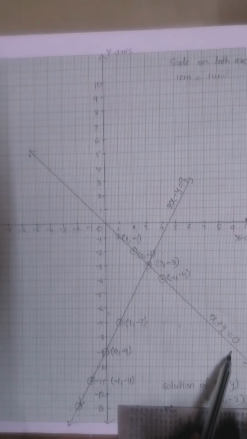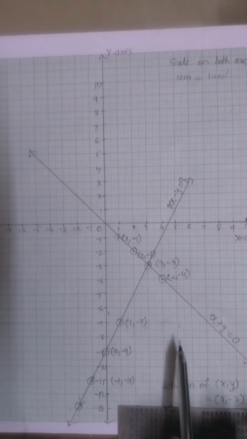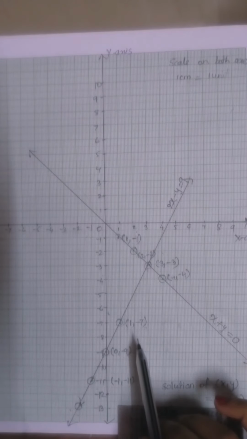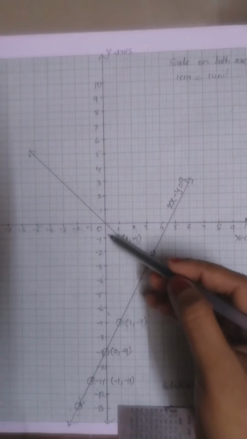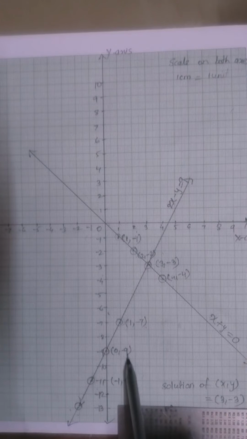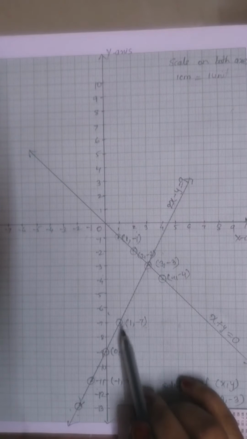Come to the second equation, 2x minus y equals 9. Now start plotting those points on the graph paper. The first ordered pair is 0 comma minus 9. This is 0 and this is minus 9. Second one, 1 comma minus 7. Now the third one is minus 1 comma minus 11.